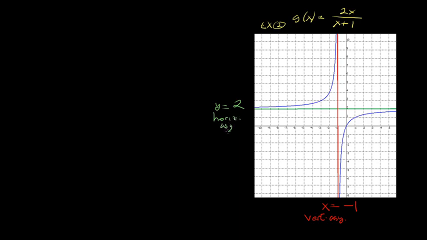Looking at the graph, it might not be as clear if I didn't already highlight the red and green lines as being the asymptotes. But it's basically the line that the curve gets close to.